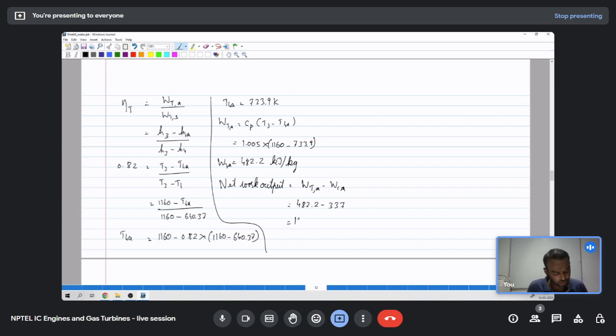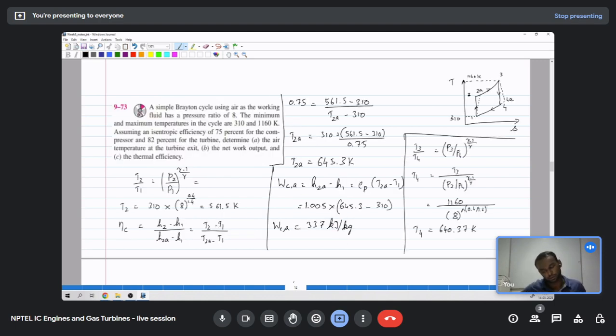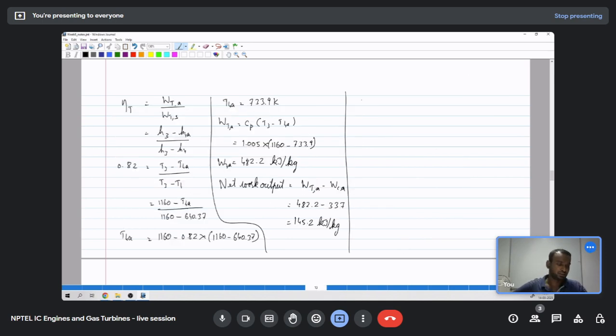Which is 145.2 kilojoule per kg. This is the net work output, and next we have to calculate the thermal efficiency.